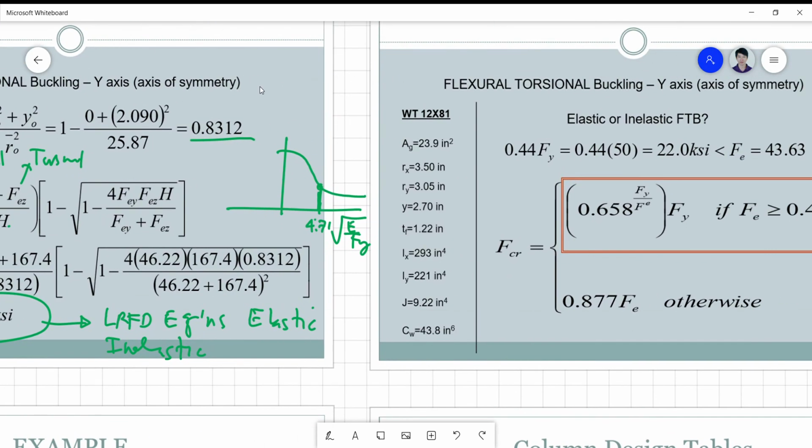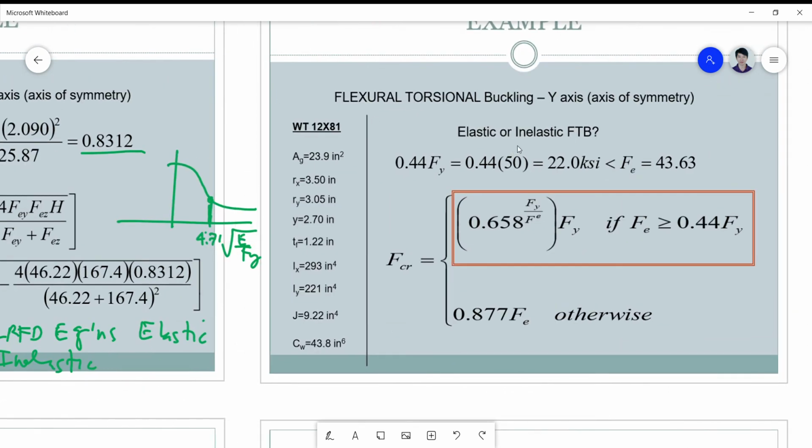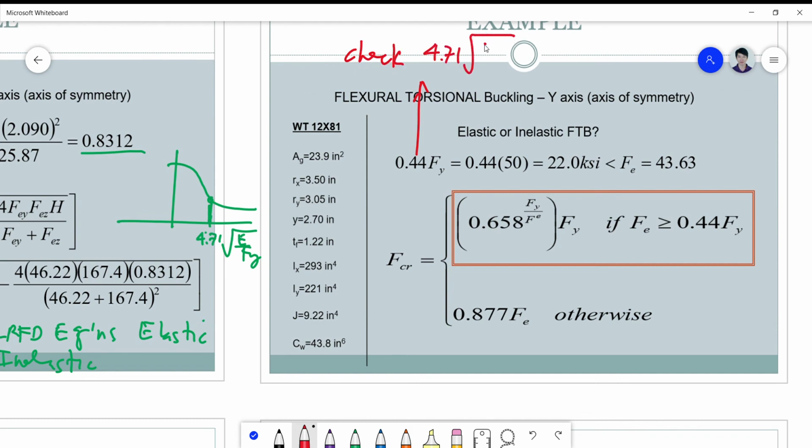Okay, so check. Check natin yan. Elastic ba o inelastic? So dito ginamit niya yung 0.44 Fy. Ang gamitin natin yung 4.71, no? Kasi baka sabihin niyo iba, no? So kung hindi kayo sanay dyan, although tama din ito kasi nanggaling lang yan doon. So i-check natin iba, no? So we check it. What is 4.71 square root of E over Fy? Pareho din ito nung kanina, di ba?